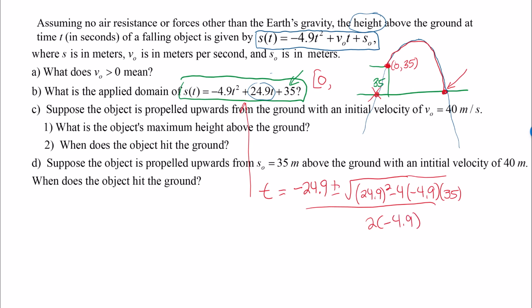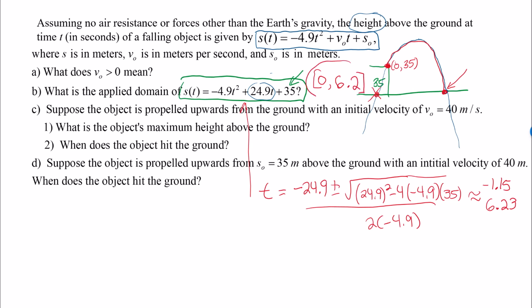Okay, so you're going to put that in a calculator and get a couple of approximations. I worked it once with the plus and got negative 1.15, and then with the minus and I got 6.23. I believe this usually asks you to one decimal place, so we're going to answer this to one decimal place. So our upper limit on the domain is going to be 6.2.